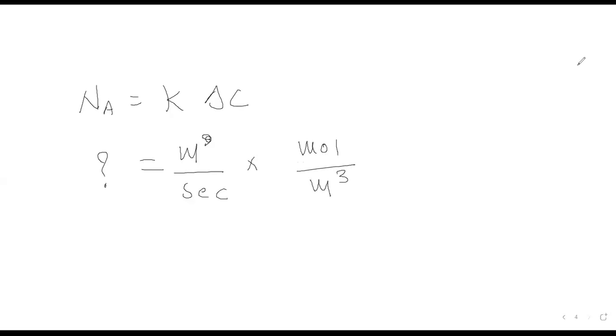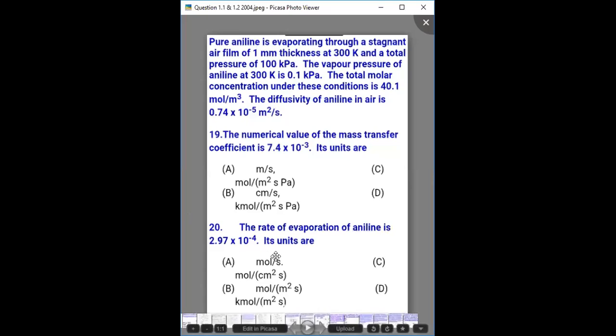So what will be the unit of Na? Can you tell me the unit of Na using this one? Mole per second, mole per centimeter square per second, mole per meter square per second, kilomole per meter square per second.